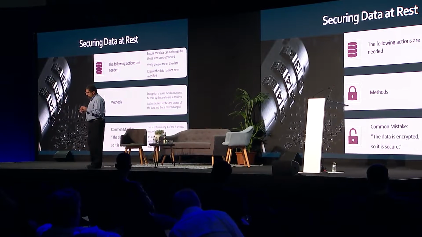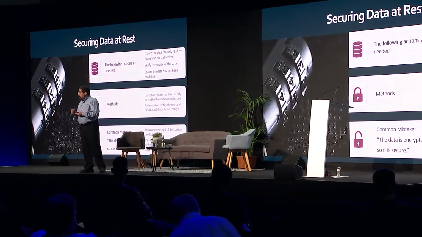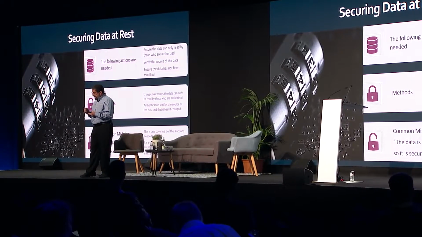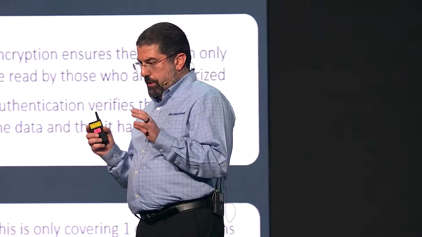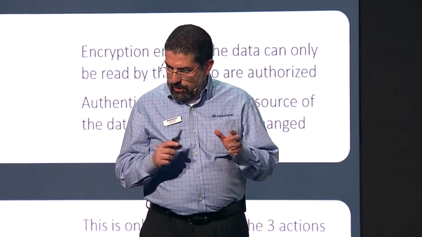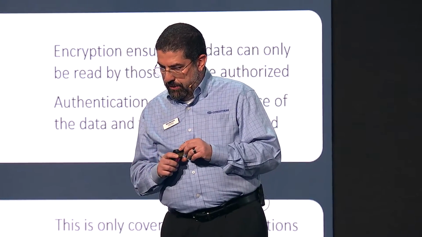Availability in this case connects back to ensuring some unauthorized entity can't remove the data, so confidentiality is still at play. We use two methods to secure data at rest: encryption and authentication. And back to our example, we want to make sure our keys are encrypted on whatever storage is being used.